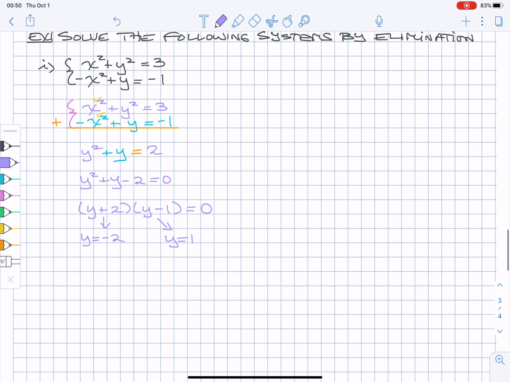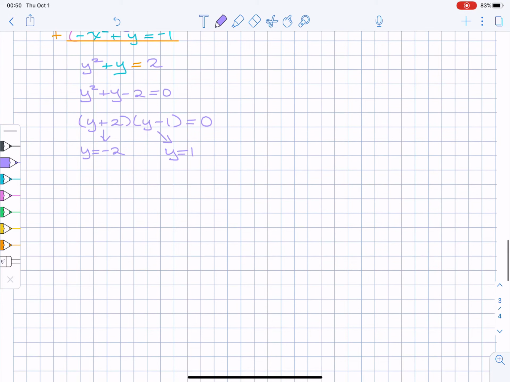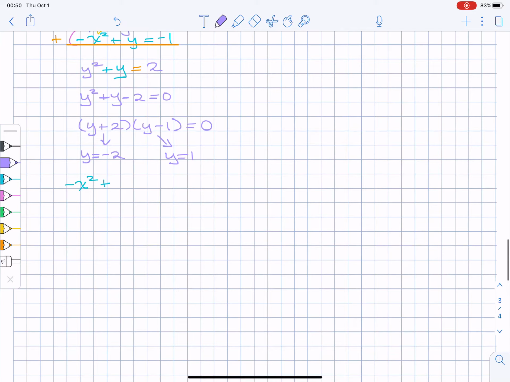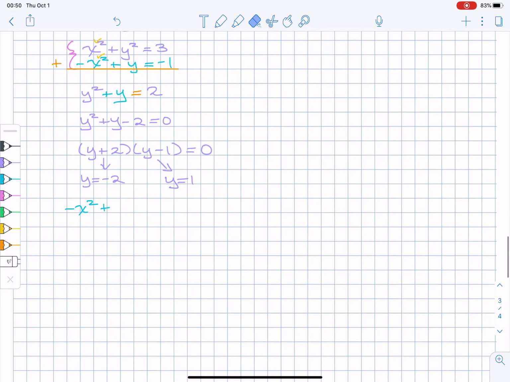Okay, that's good. Now I can back substitute into the second equation and just go from there, because the second equation has negative x squared plus y, so y just to the first power, so minus 2 will be equal to negative 1.